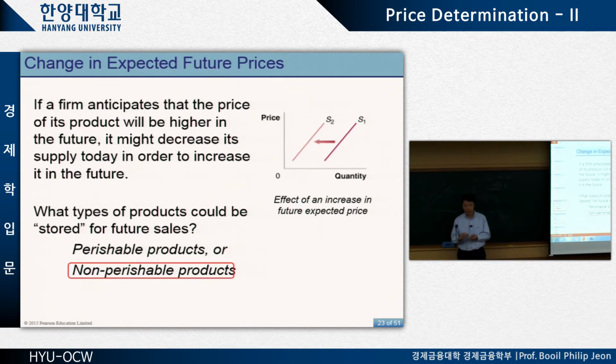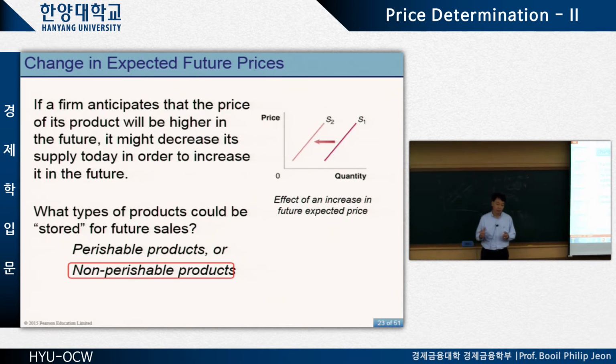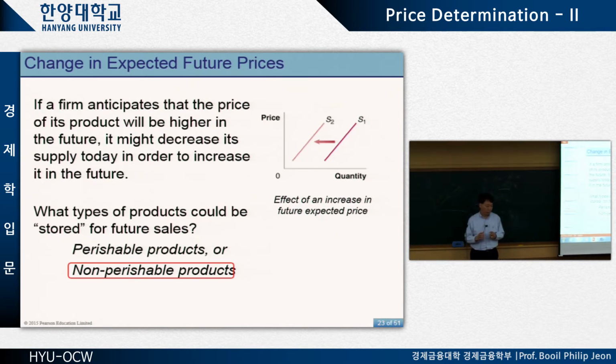Instead of selling the product right now, they'll try to keep it, store it, and wait until next year, when the price is higher, to make more money. But in order to do that, there has to be a condition: the product has to be non-perishable.